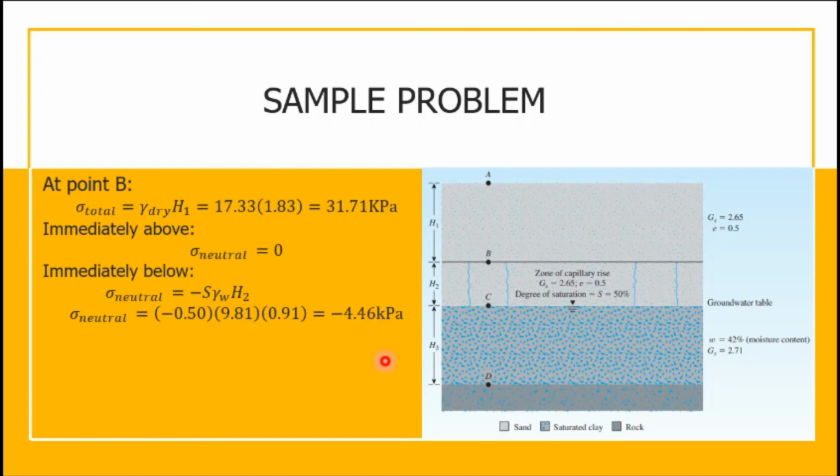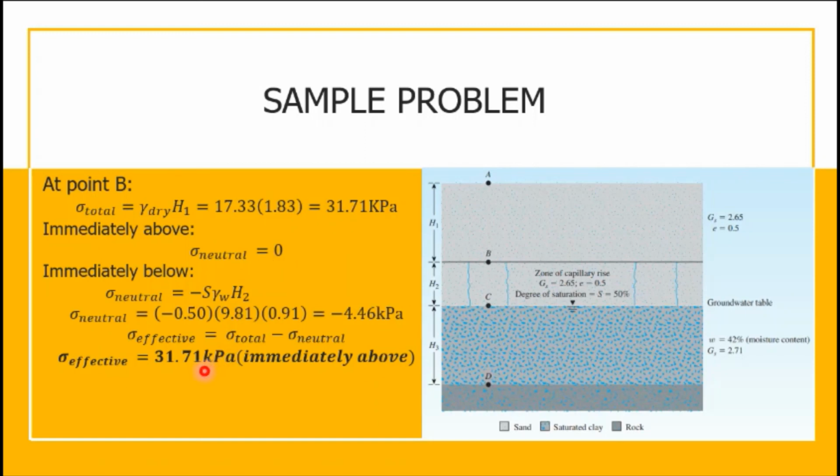So therefore, at point B, there will be two effective stresses. One that is immediately above and one that is immediately below. So the effective stress is again equal to total stress minus neutral stress. So if it's immediately above, the effective stress is also the total stress because the neutral stress is equal to 0.